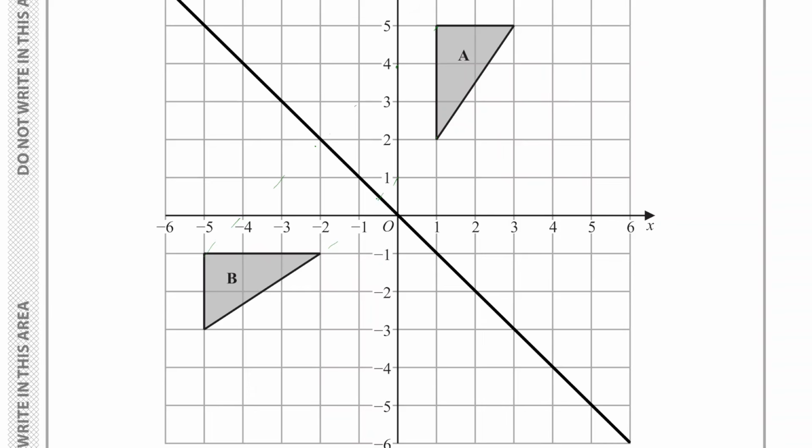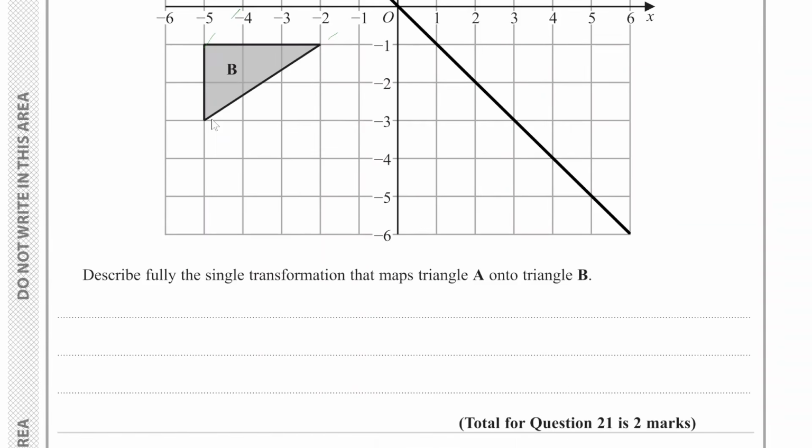So for every y value, when you've got 1, you've got the negative 1 on the x. 2 on the y, negative 2 on the x. 3 on the y, negative 3 on the x. So it's a reflection in the line y equals negative x.